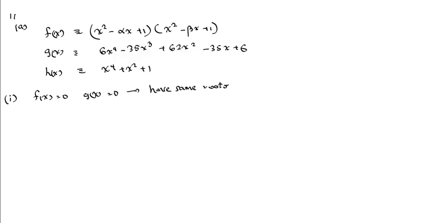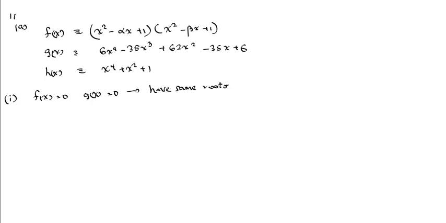Okay. When two polynomials equal to 0 have the same roots, the deduction that we can get from this is that one polynomial is either equal to the other polynomial or an integer multiple of the other polynomial, which means one polynomial multiplied by a real number will give you the next polynomial.